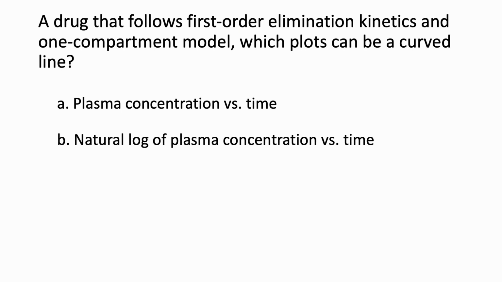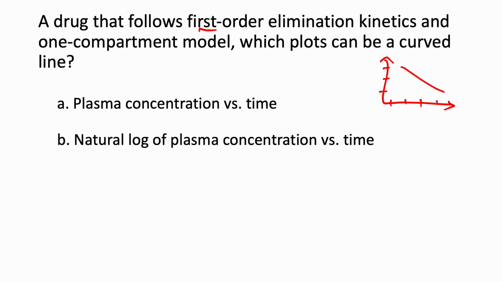Question. A drug that follows first order elimination kinetics and a one compartment model, which plot can be a curve: A. Plasma concentration versus time. B. Natural log of plasma concentration versus time. Remember, whenever you have a data set of time and concentration of drug, you plot it in a graph to determine the order of elimination. First you use the rectangular coordinate.